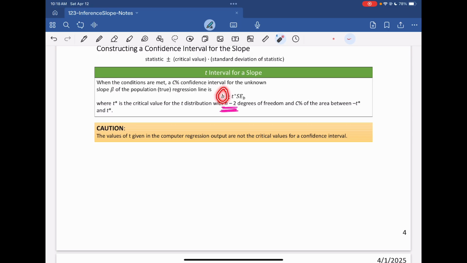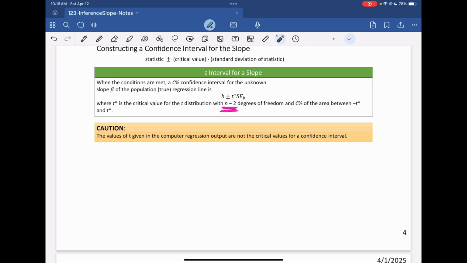I think I called this test statistic. This is technically just statistic. I apologize. But the statistic, meaning, you know, in the past, p hat, we had x bar, and now we have little b. So those are the three statistics that we have learned so far.